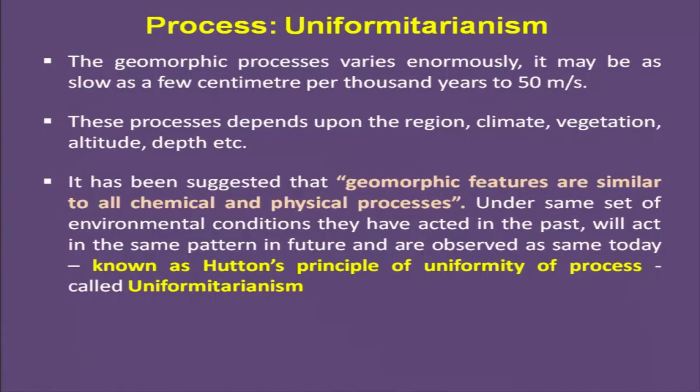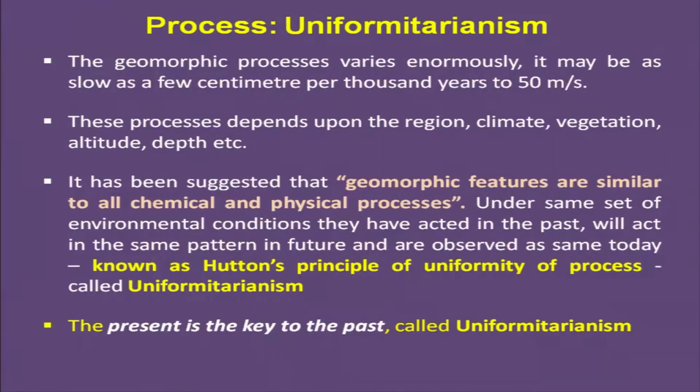This statement has been termed the principle of uniformity of geomorphic processes, mainly by Hutton. So this is known as Hutton's principle of uniformity of processes, called uniformitarianism. So you remember, what we call uniformitarianism is: the present is the key to the past.